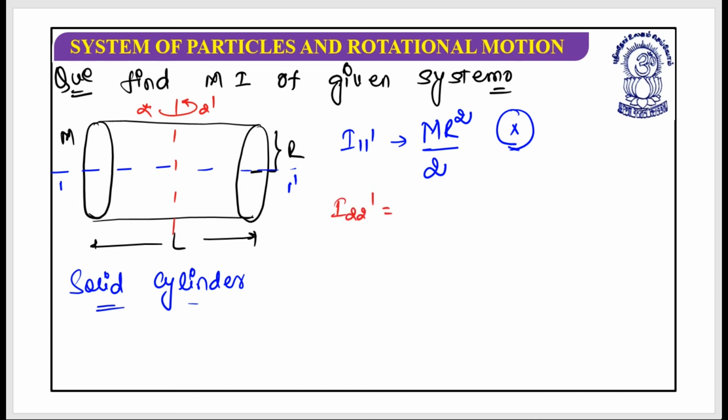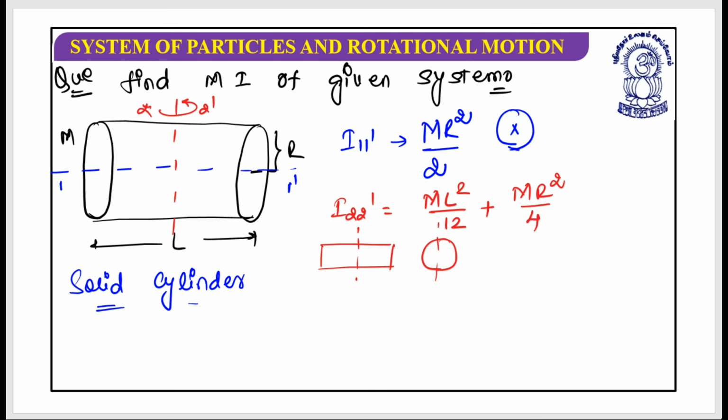First I will observe this as a rectangular rod which is rotating from the midpoint, and then I will observe it just like the y direction. So I22 dash could be written as m l square by 12 plus Iyy, which is m r square by 4.